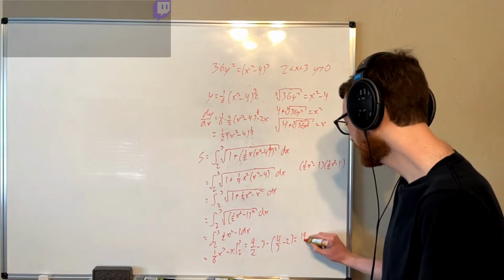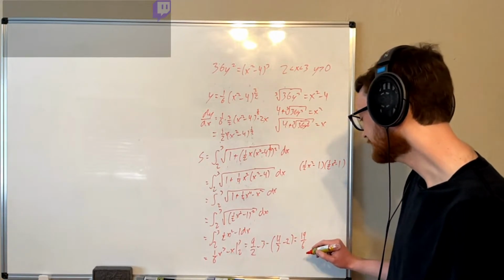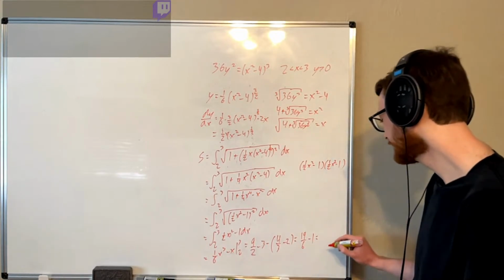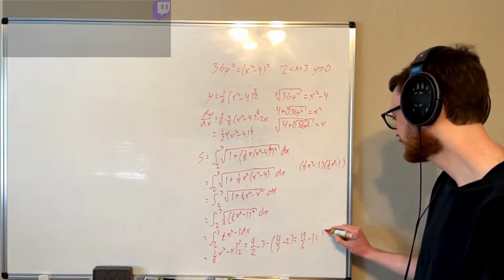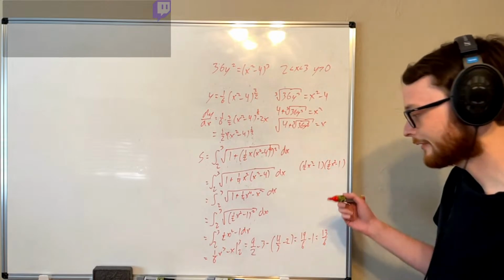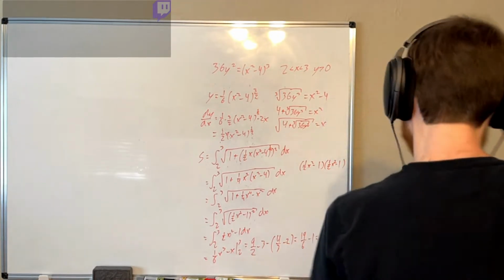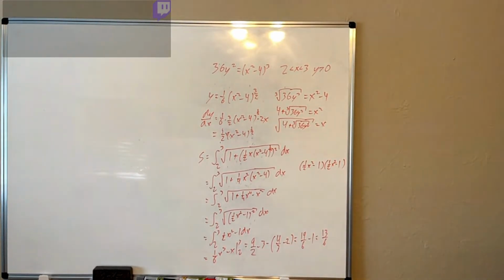Ew. Get 13 over 6. Ugly number. But yeah, the setup is probably more important there than the final answer.